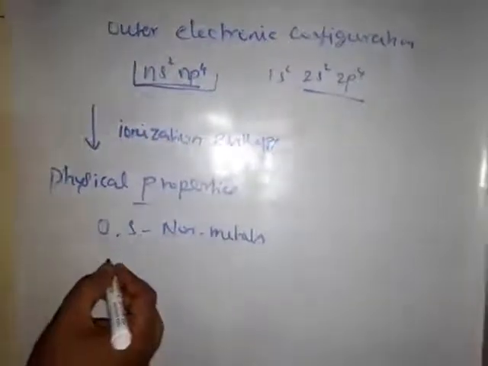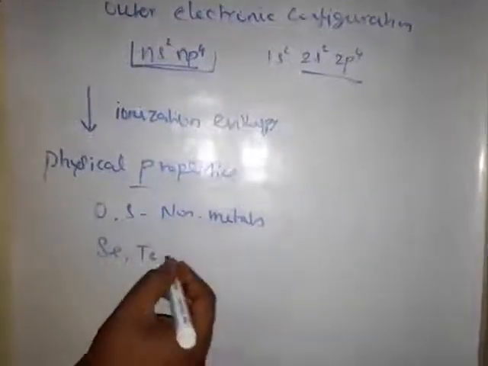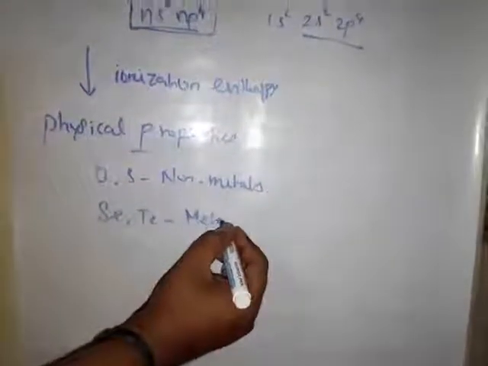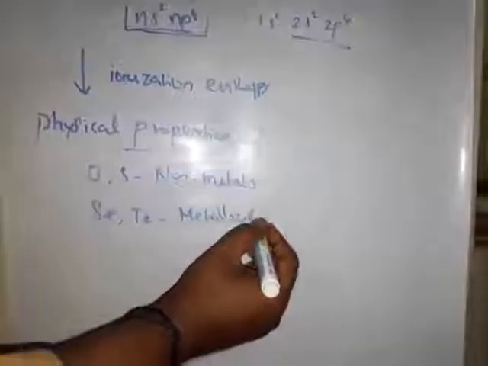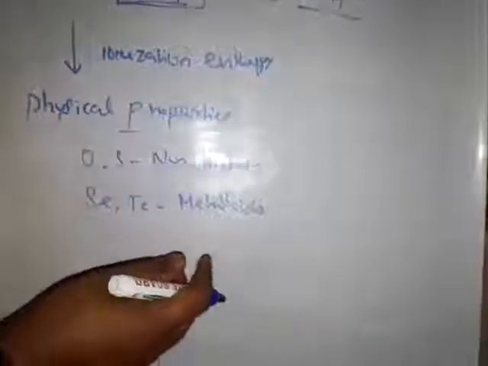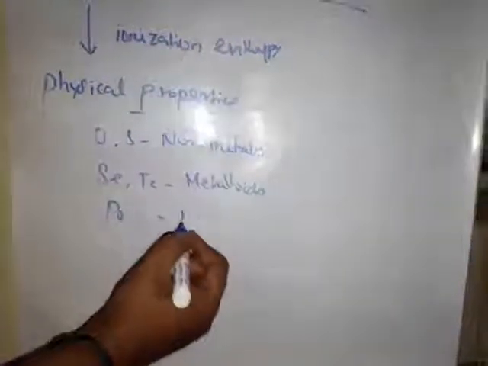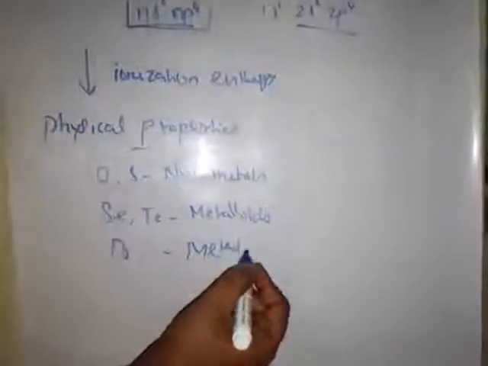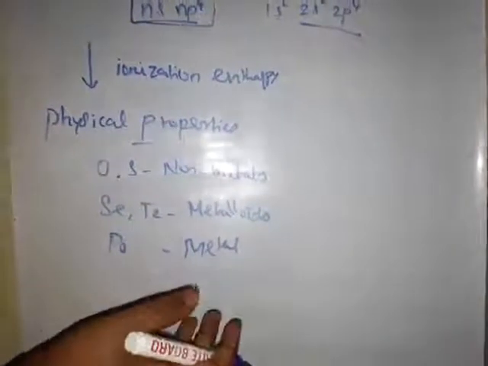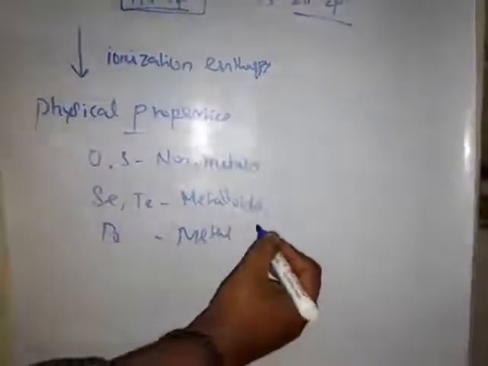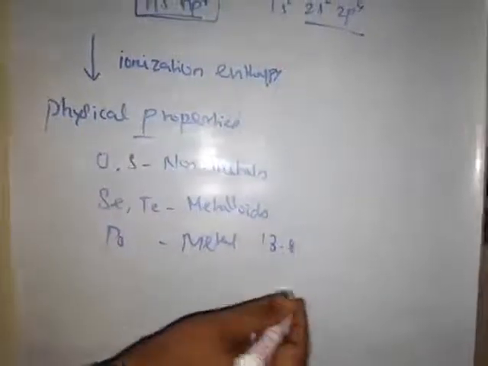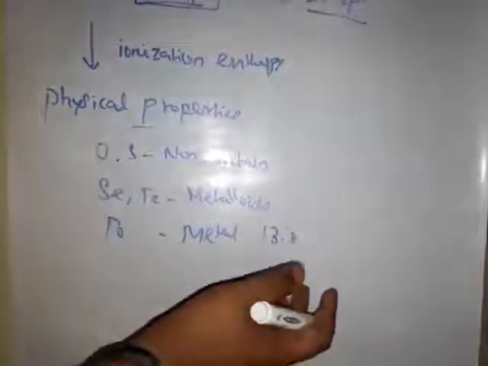Selenium and tellurium are metalloids. Polonium is a metal, and it is a radioactive element. It is short-lived, with a half-life of 13.8 days.